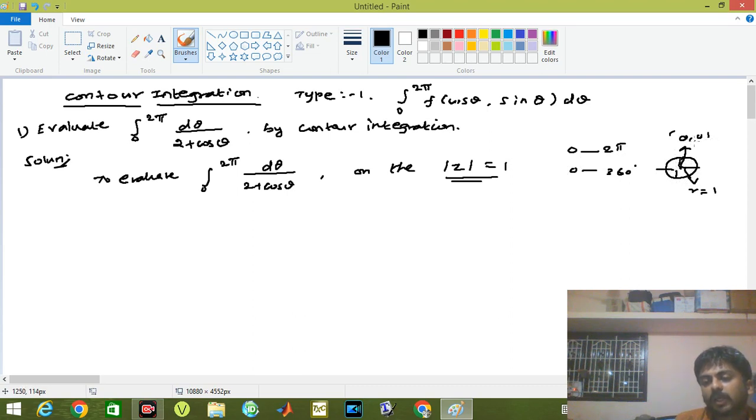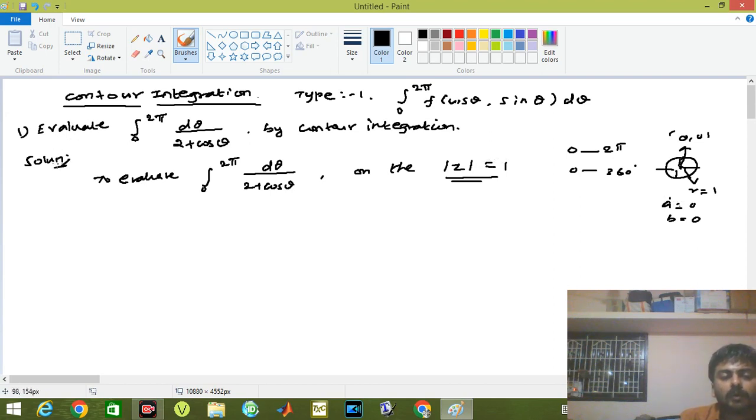The center is 0, 0, so a equal to 0 and b equal to 0. So we have modulus of z equal to 1.